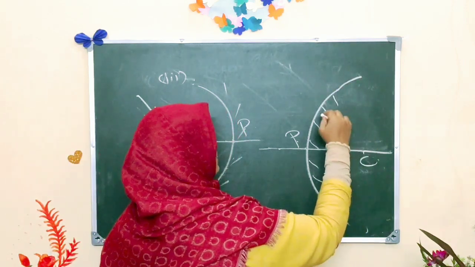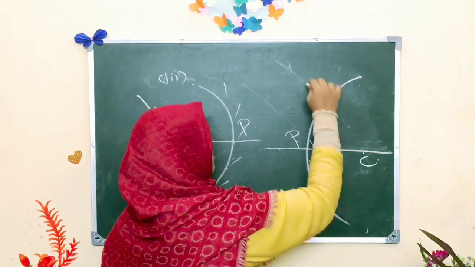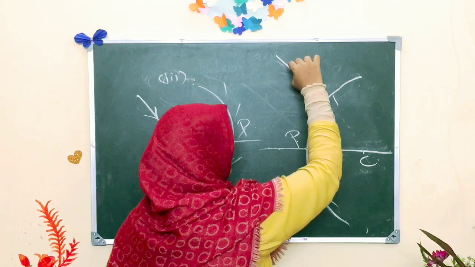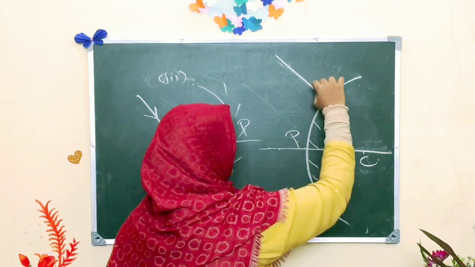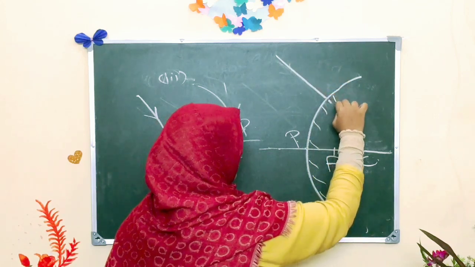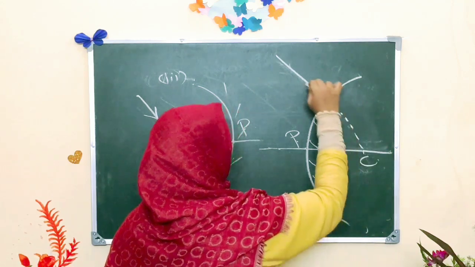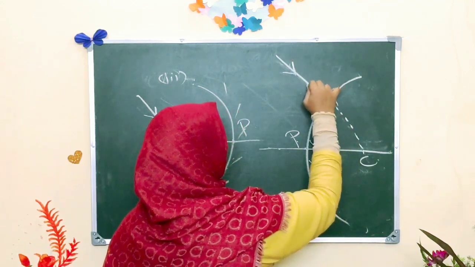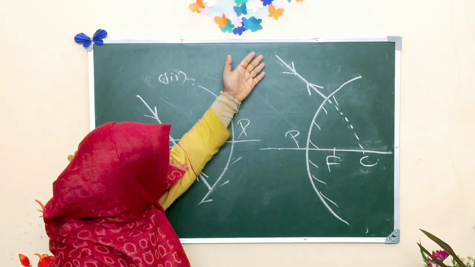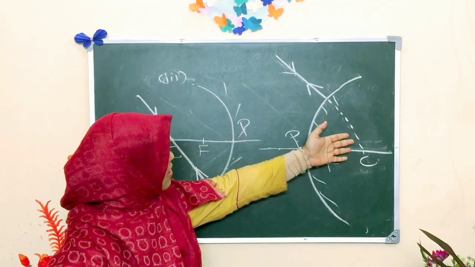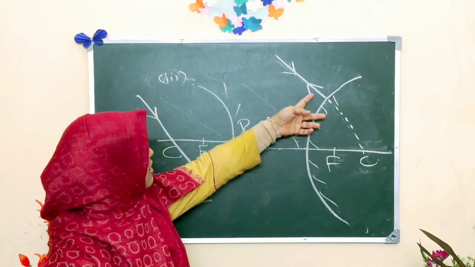Here the ray is passing like this, and appears virtual, as any ray of light directed toward the center of curvature, after reflection retraces its path.